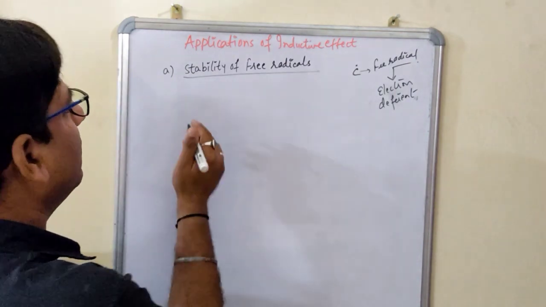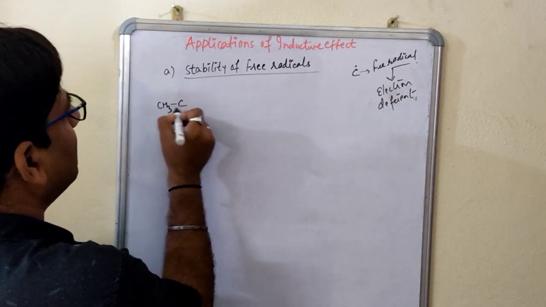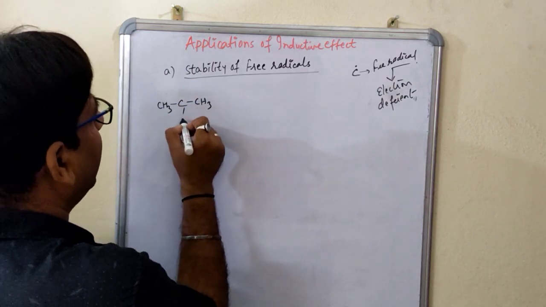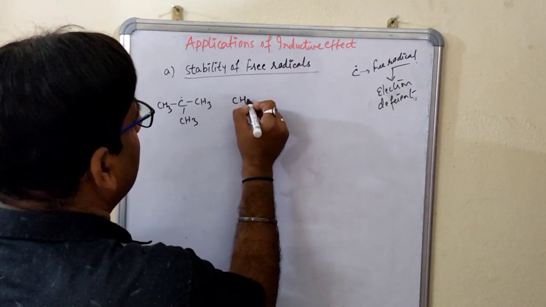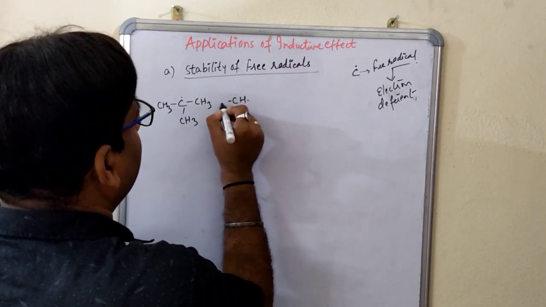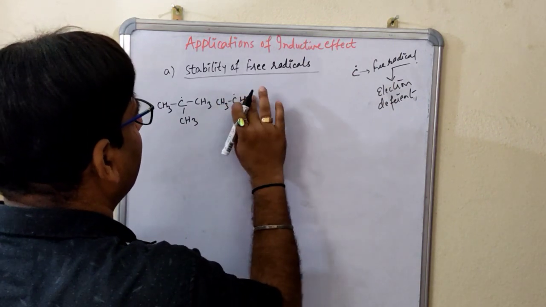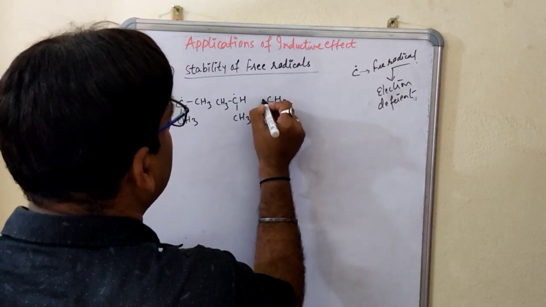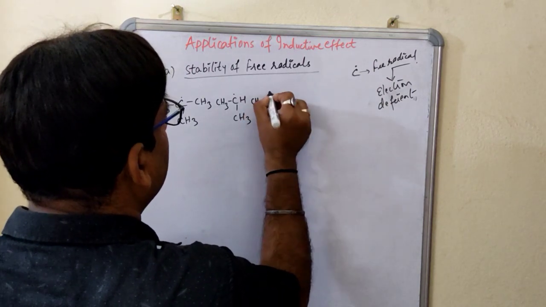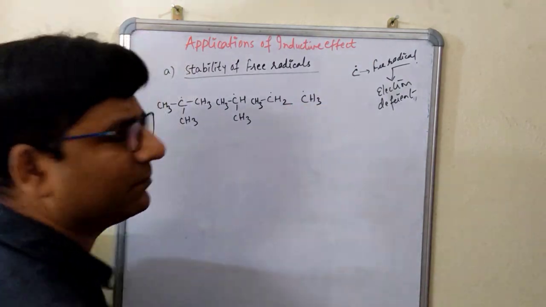Clear? So now, for free radicals, in the same way I can write here CH3, CH3 and CH3 with one electron. Here I can write CH2, CH3, and here at last I will write CH3, free radical.